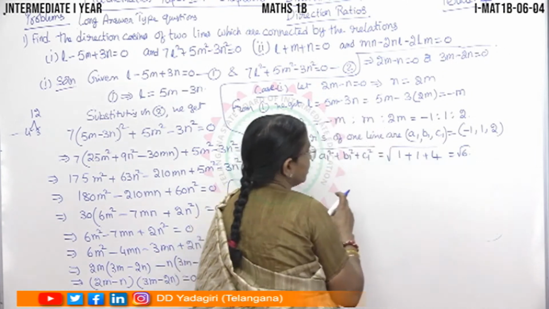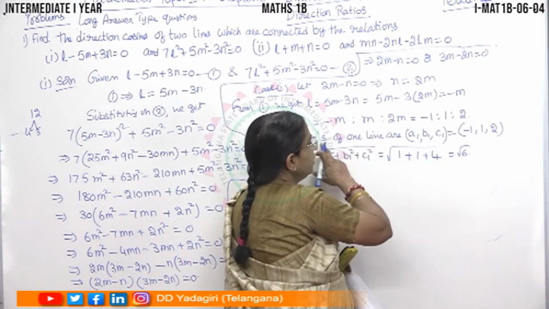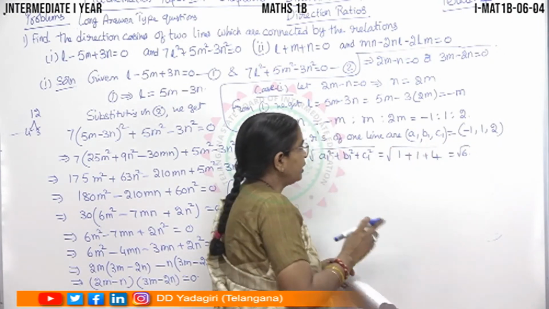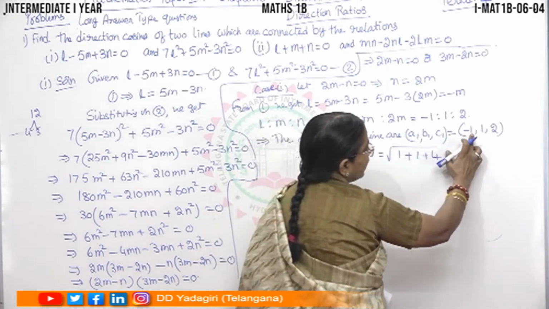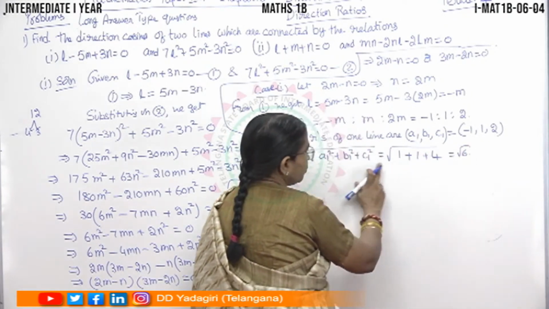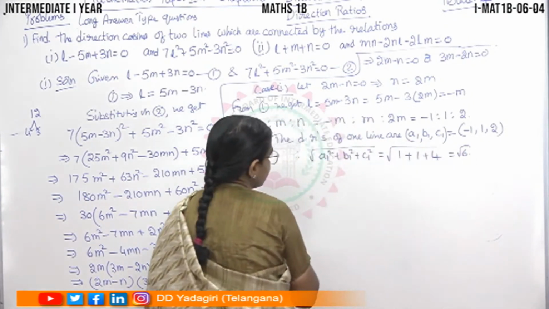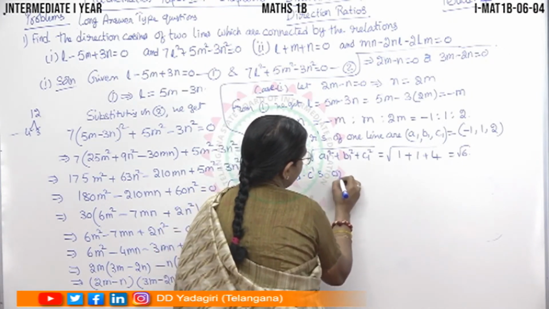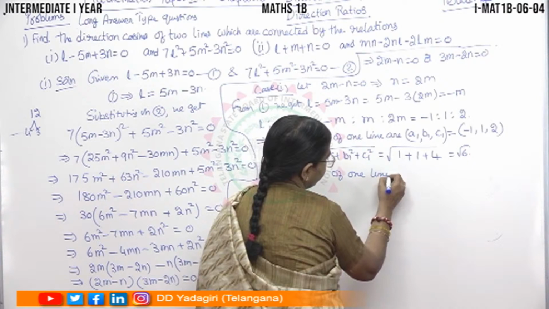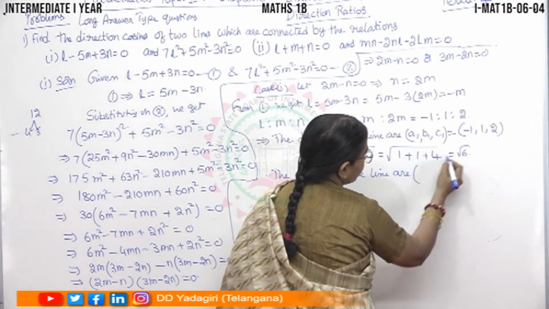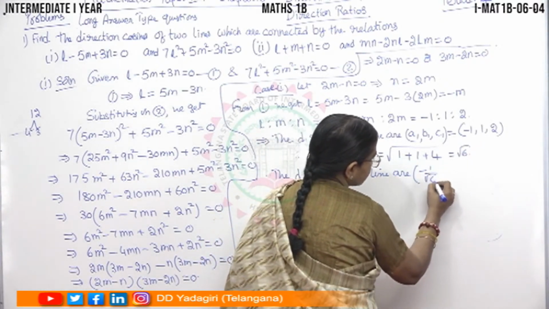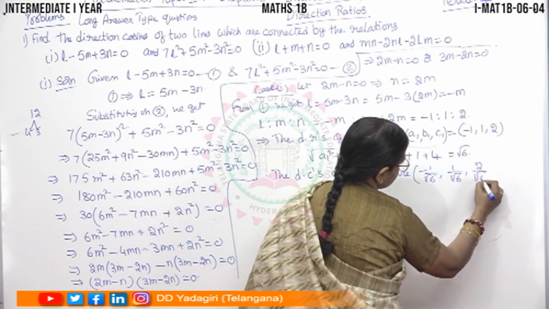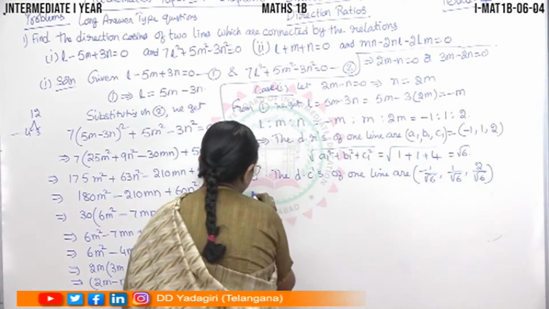When you know the direction ratios, you can find the direction cosines by dividing each of them by the root of the sum of the squares. So the DCs of one line are minus 1 by root 6, 1 by root 6, and 2 by root 6. So this is one value.